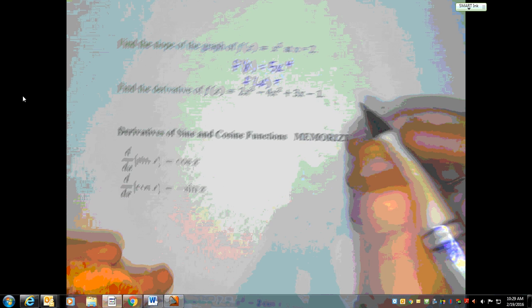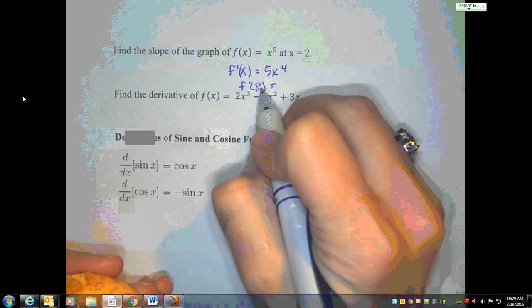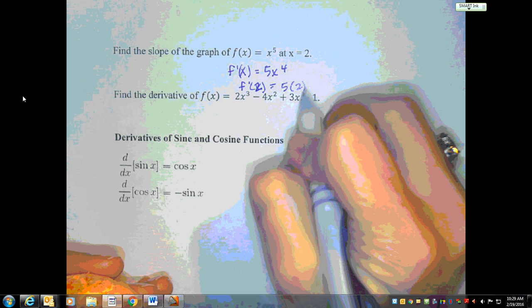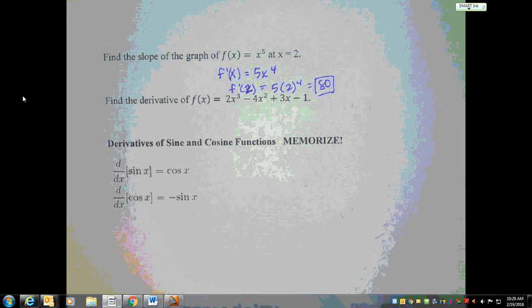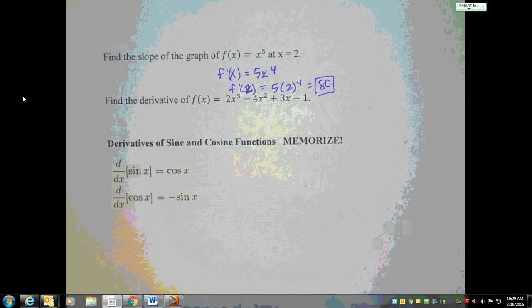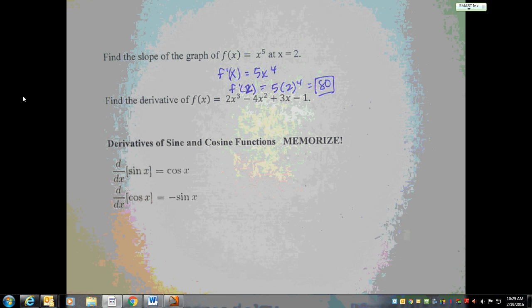So put 2 in place of x. So where x is 2, the slope of that line on that function is 80. That's super vertical.